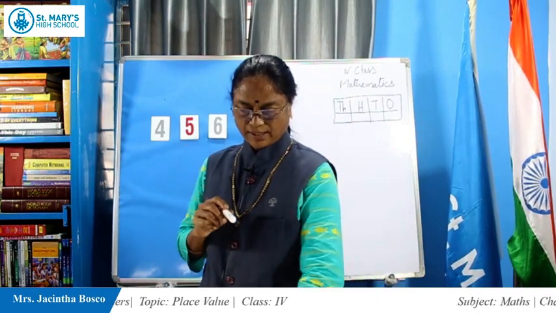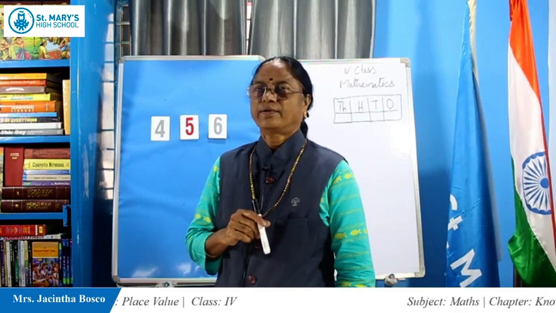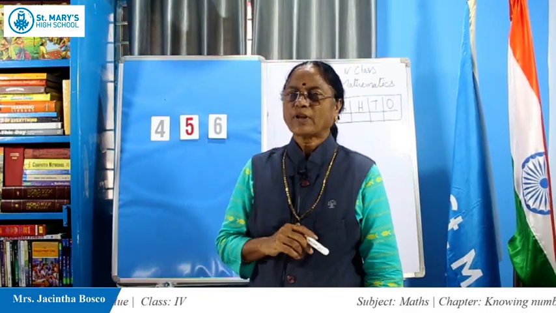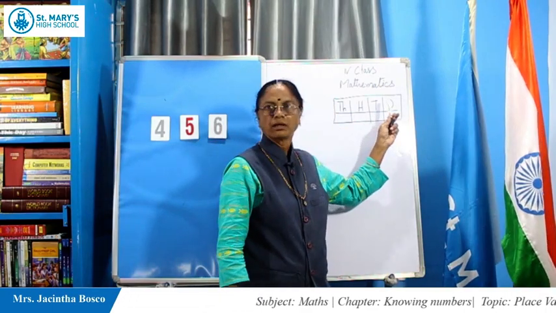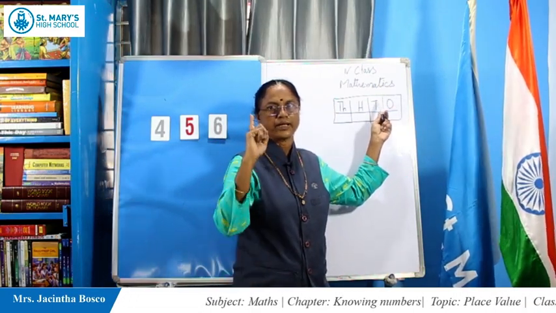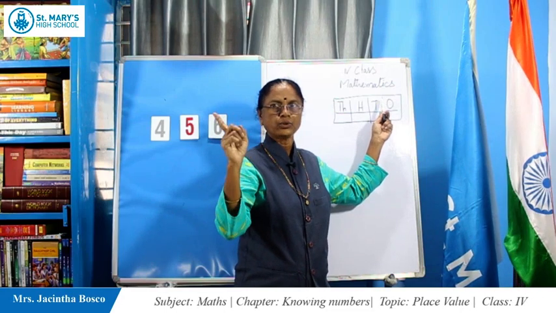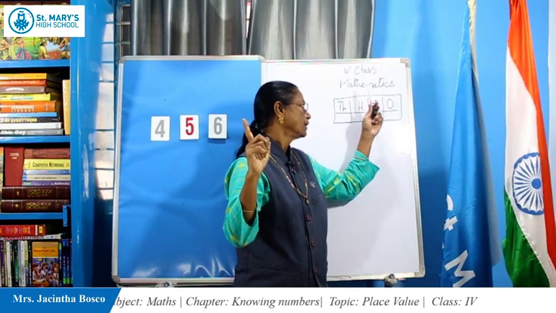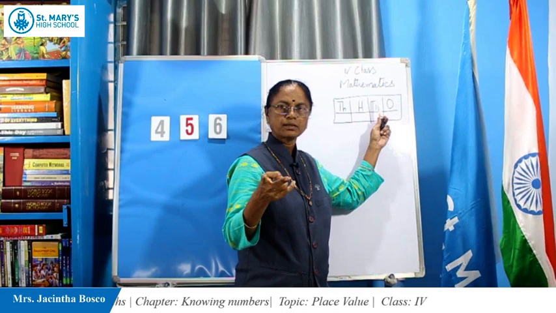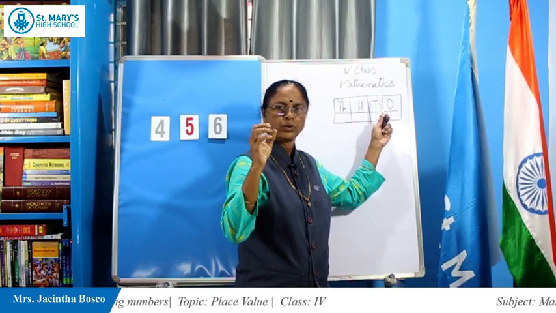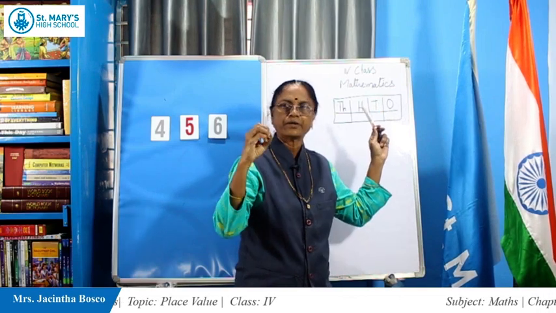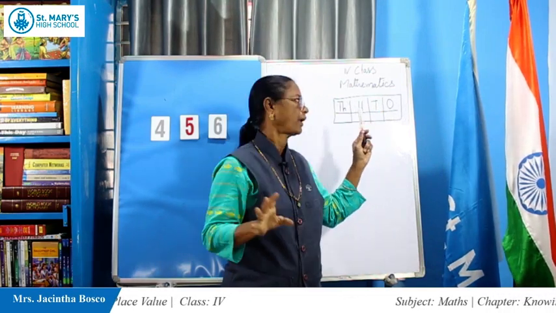Your today's lesson is place value. What are the place values? Ones place or units place. Tens place means 10. Whatever number is there, you have to multiply it by 10.